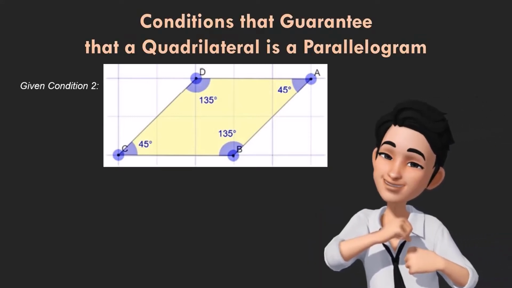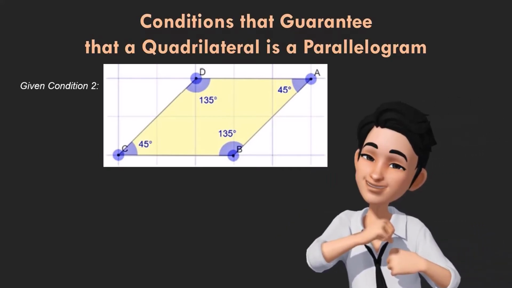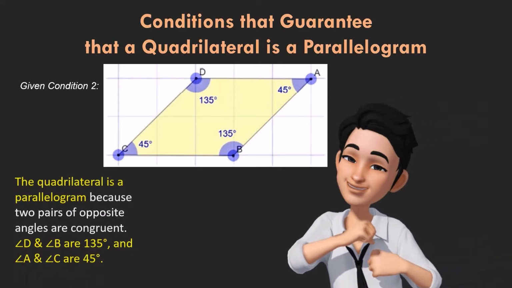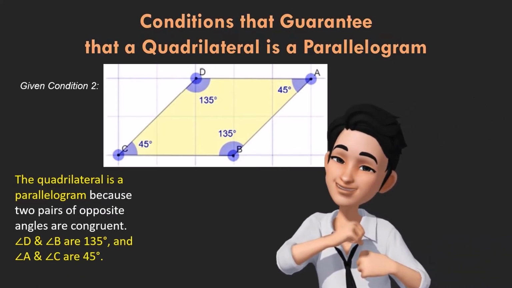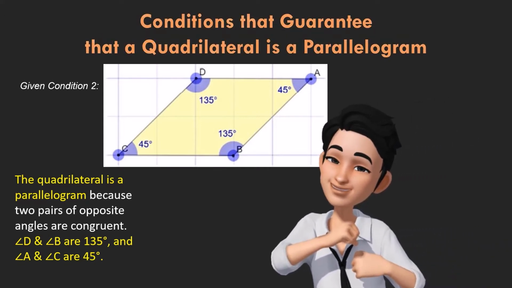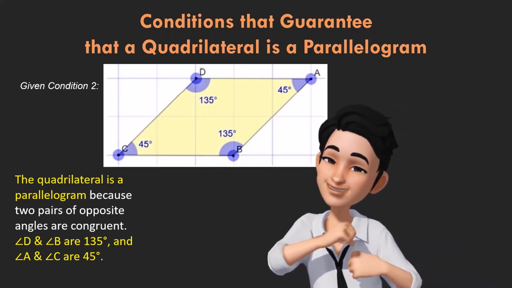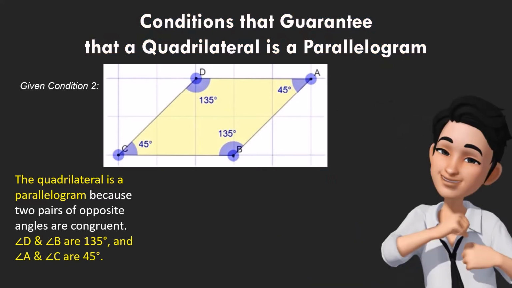Now we can use the second property of a parallelogram. The quadrilateral is a parallelogram because two pairs of opposite angles are congruent. You can say that the measures of angle D and angle B are the same, which is 175 degrees, and angle A and angle C are likewise the same, which is 45 degrees.